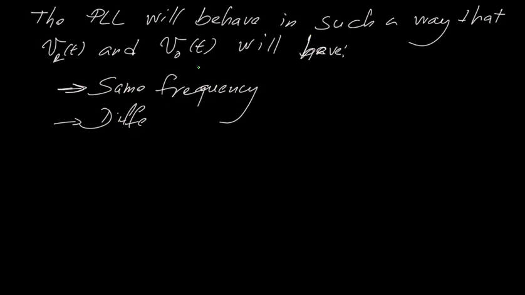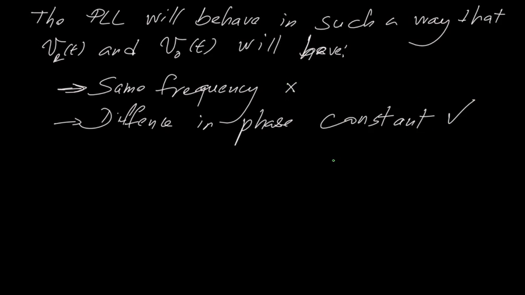What does it mean, the difference in phase? How far is one edge of the feedback in relationship to an edge in the reference voltage? And the difference in phase is practically constant. Now this we could not care about. This is really what's important.